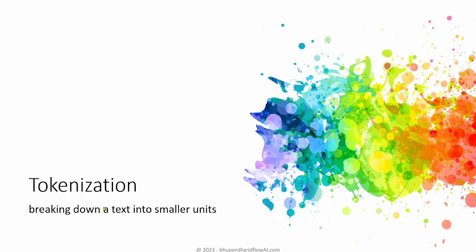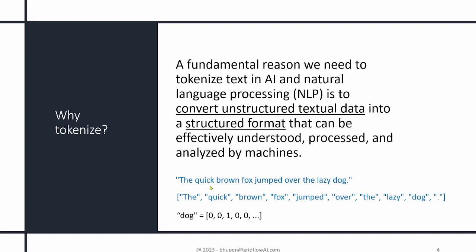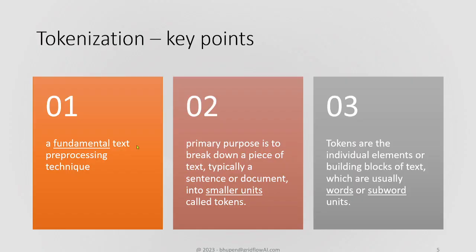We know what tokenization is, which is simply breaking down a text into smaller units. And why do we need to tokenize? The purpose is to convert the unstructured textual data into a structured or numeric format. For example, here, let's say the given text, we can break it into units of words, and each word we can represent using a vector representation.